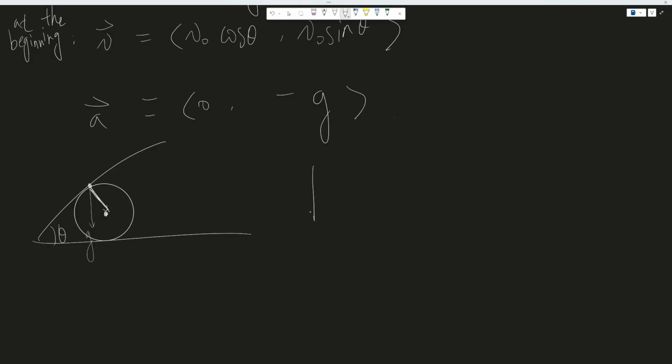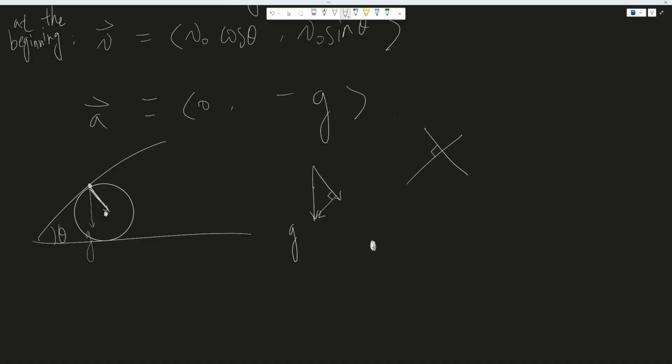Well, let's look at this triangle. You have gravity, and then let's say the center of the circle is here. The radial component points towards the center of the circle. And then there's also the tangential component. We know that this is a right angle because the radial direction and the tangential component are always perpendicular.